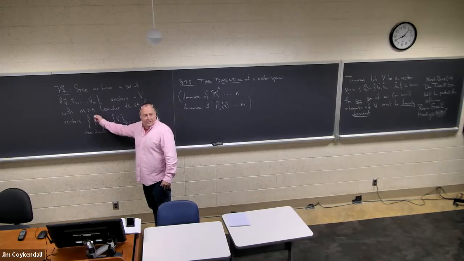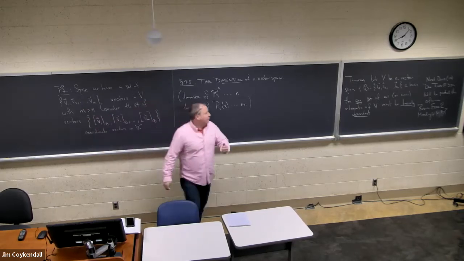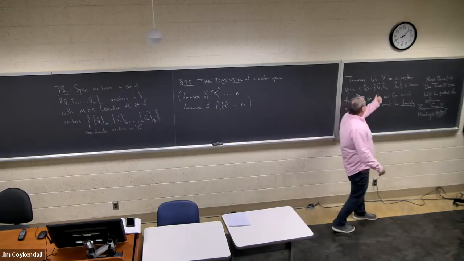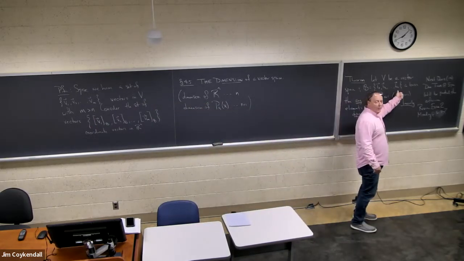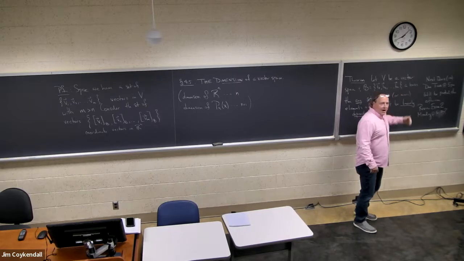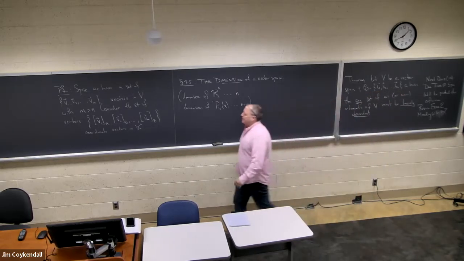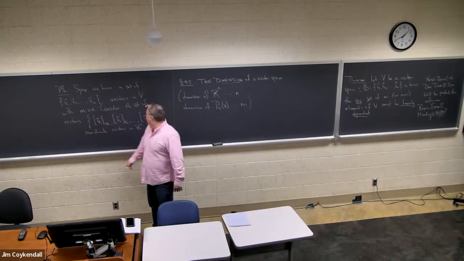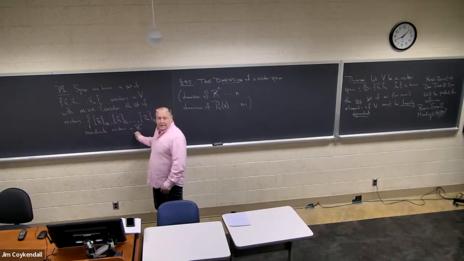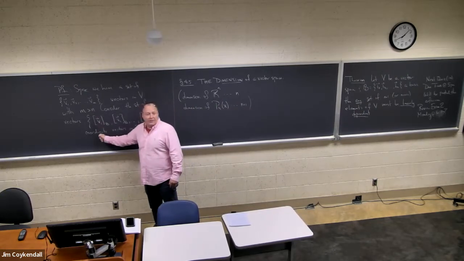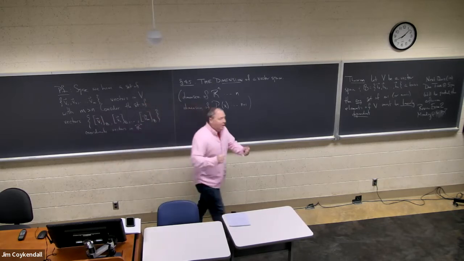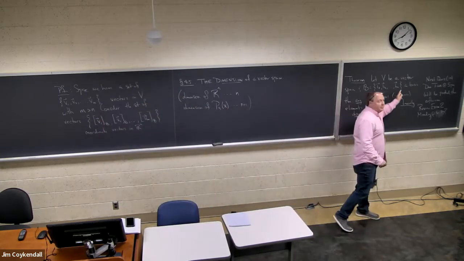This is just a list of numbers, right? And this is the coordinates of this vector, because v1, for example, is something times this plus something times this, all the way up to something times this. And we make that list of numbers. And this is a vector, now it's in Rn, because this is a list of the n numbers it takes to build v1 out of this list of basis vectors.